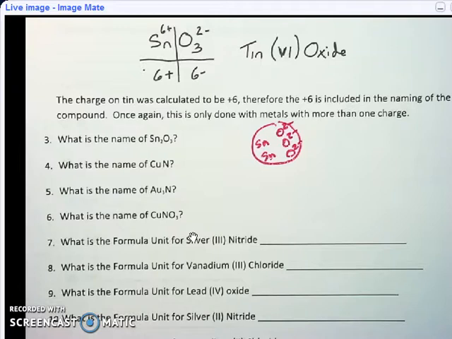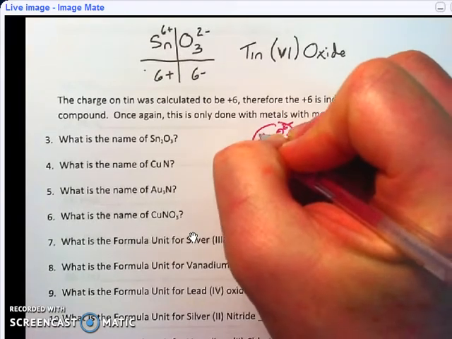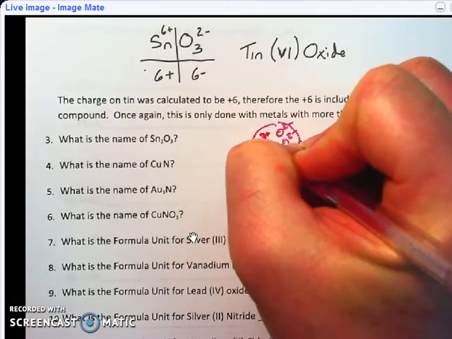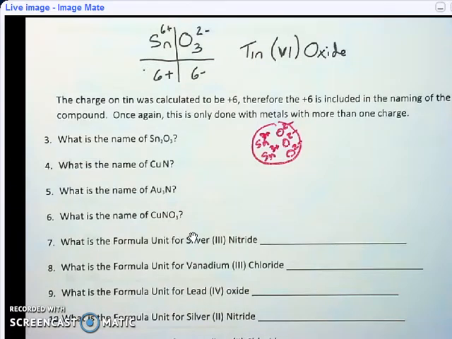So tin has to have what charge? It has to have a 3. Which isn't like what I showed you. Is that right? It's right, but it's not what you wrote down, right?